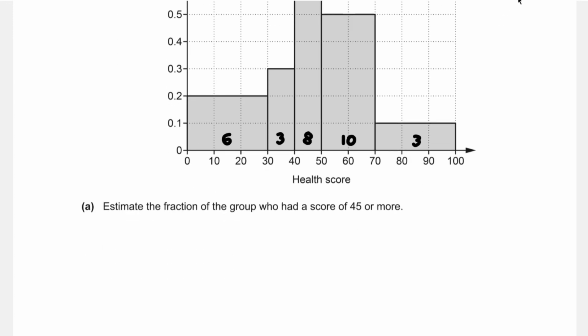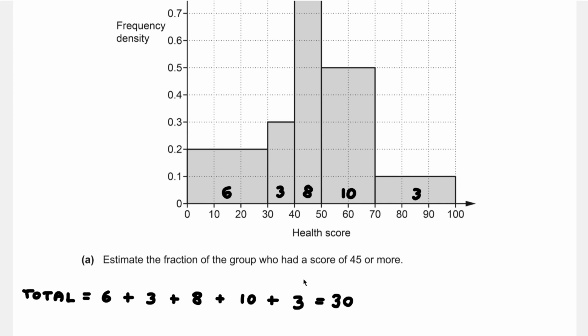So how many do we have in total? Well, what we have in total is 6 plus 3 plus 8 plus 10 plus 3. If I work this out, I get 30. I've got 30 in total.